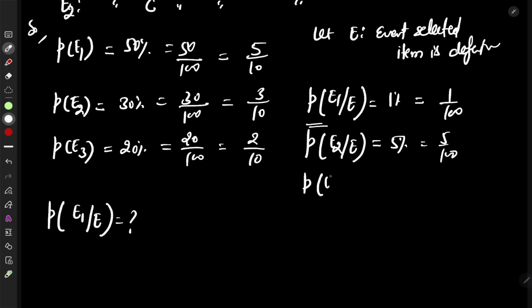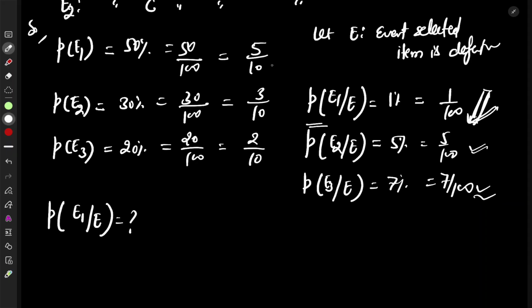And probability of E3 when E has already occurred is 7% given, so 7 by 100. These are the probabilities that if A is working, then the item will be produced defective. This is the possibility, 1 by 100. If B, then this is the possibility. C, then this one. So what is the probability that the item produced is a defective item?